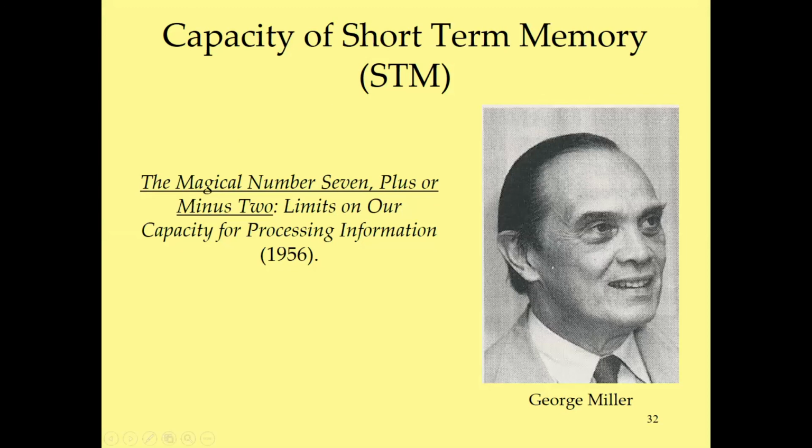He found that people could remember somewhere between 5 to 9 numbers or letters, and he published the results of his research back in 1956, with a paper entitled "The Magic Number 7 plus or minus 2: Limits on Capacity for Processing Information." In that research, participants were able to recall 7 plus or minus 2 letters, somewhere between 5 and 9.